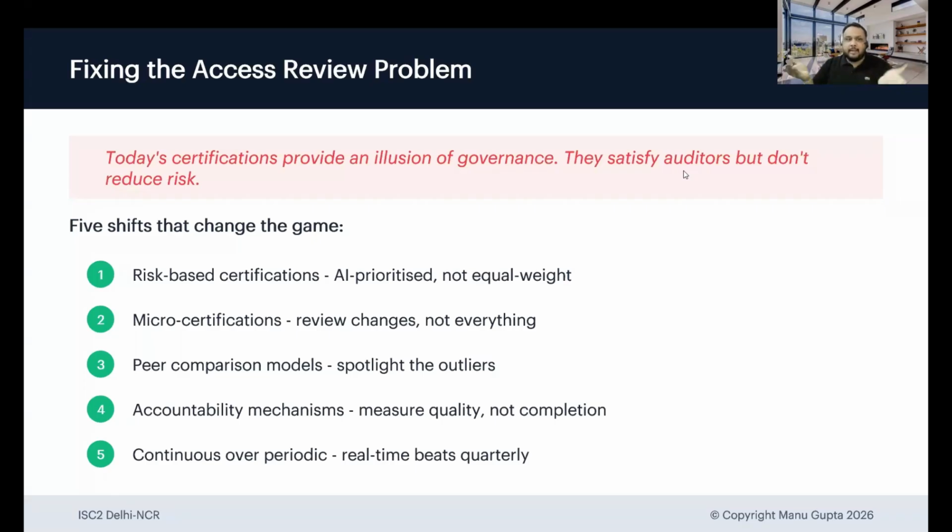There could be peer comparison that identifies access outliers, and then most importantly, the accountability mechanisms that measure the quality of reviews, not just their completion, right? It's easier said than done, but when you create that multi-layer strategy and bake in those multiple approaches, you basically try to fix that problem, right?